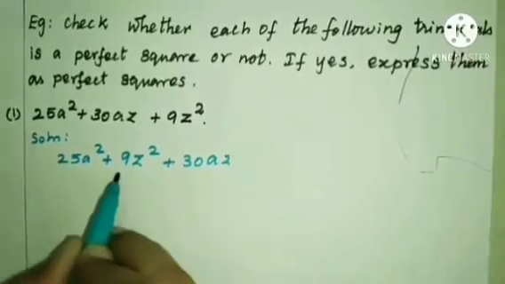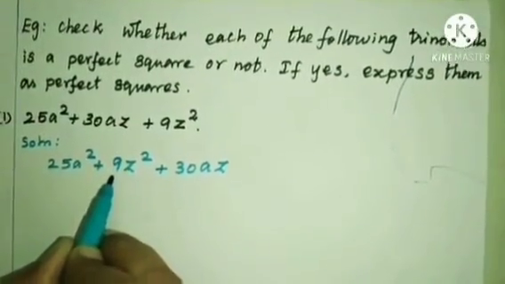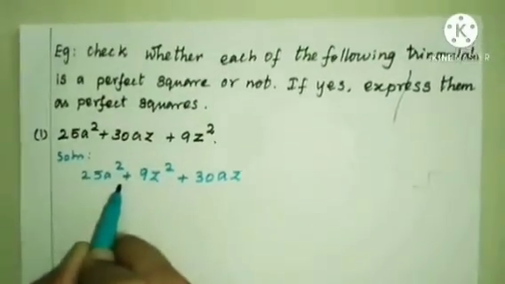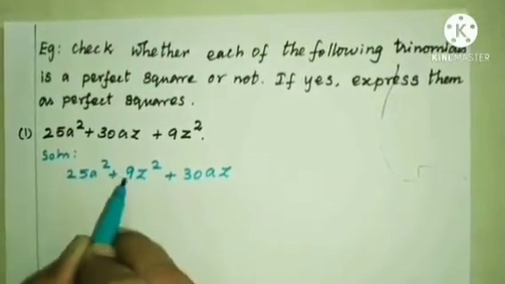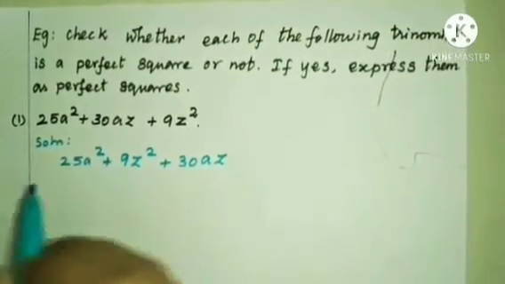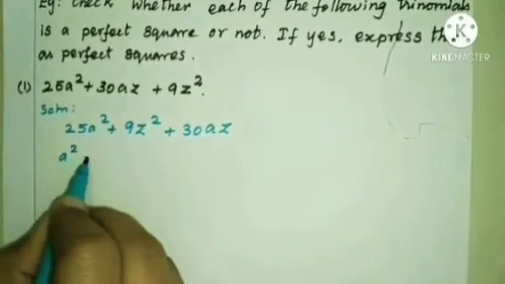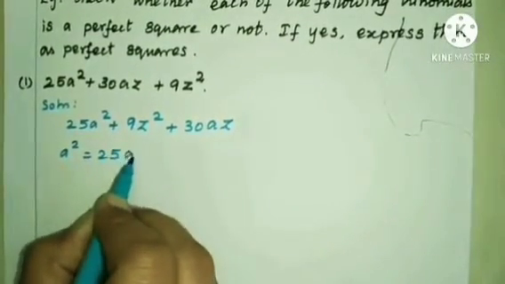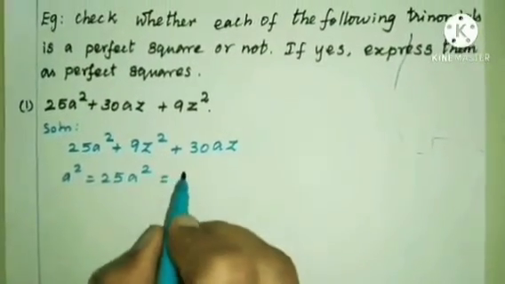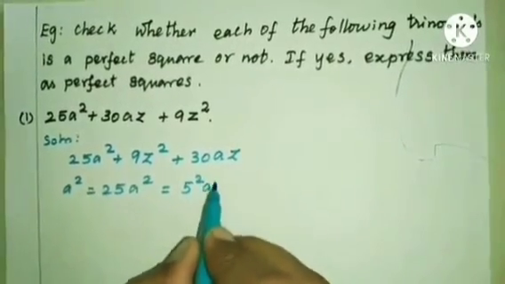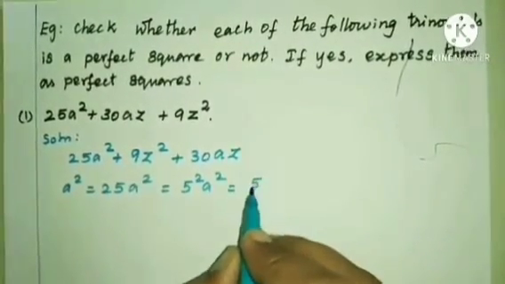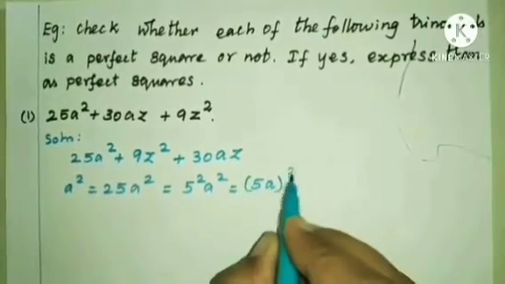25 is a perfect square number, 9 is a perfect square number. In between we have a positive sign. The first element is positive, the second element is also positive. So here a² is 25a², which is 5²a², which is (5a)².